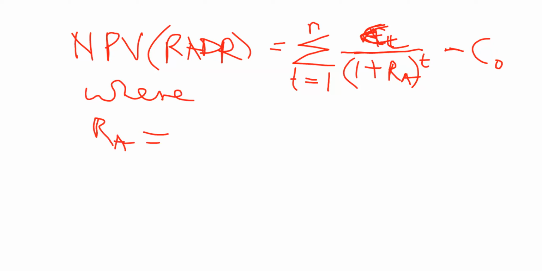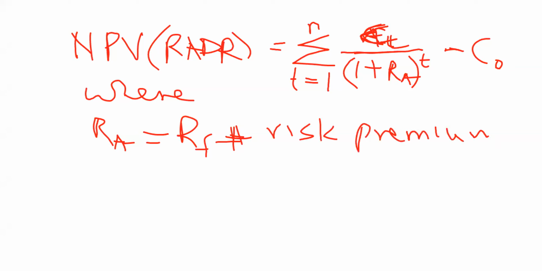RA is equal to RF plus risk premium. In this question, RF is 10%. Is it plus? 1 plus RA, okay, this is plus.